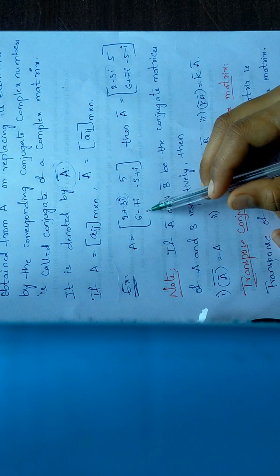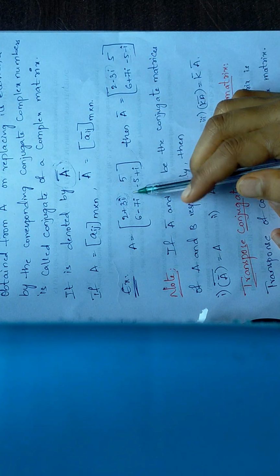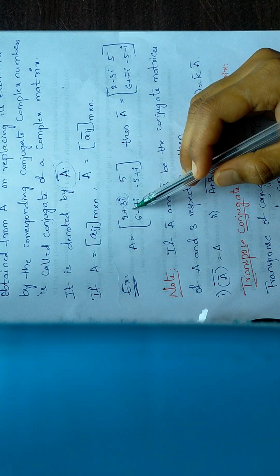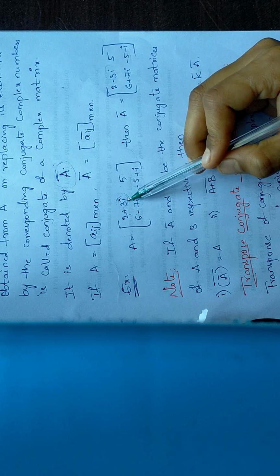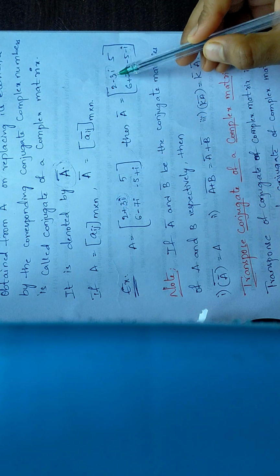Let's see an example. The simple trick is, for whichever numbers we have i, just make sure that for those i numbers you change the sign. Here, if you observe, this element is 2 plus 3i, so we have i here in plus sign, so we write it as 2 minus 3i.